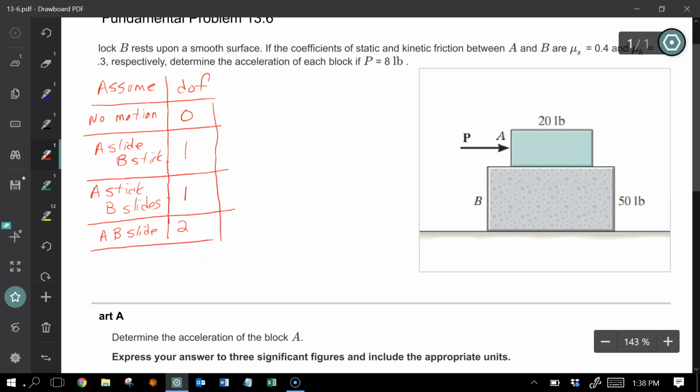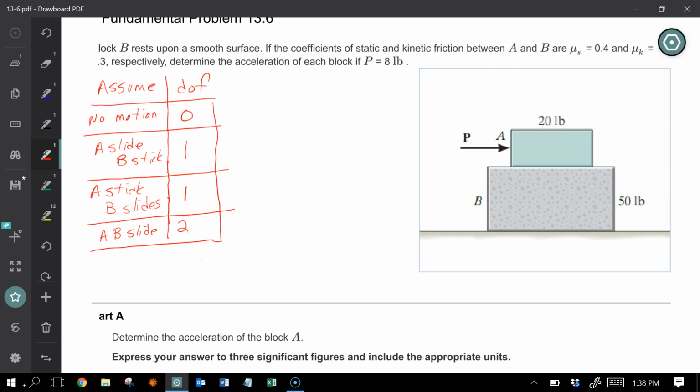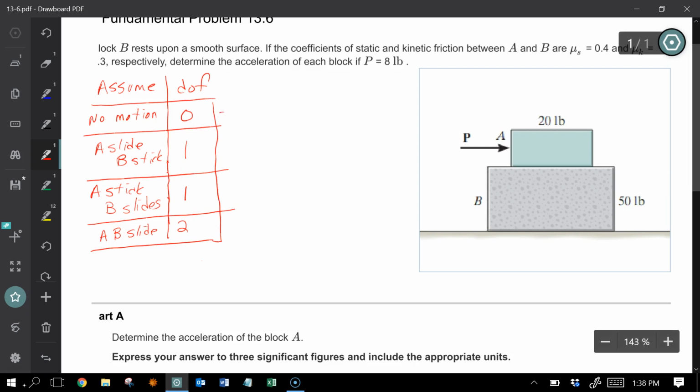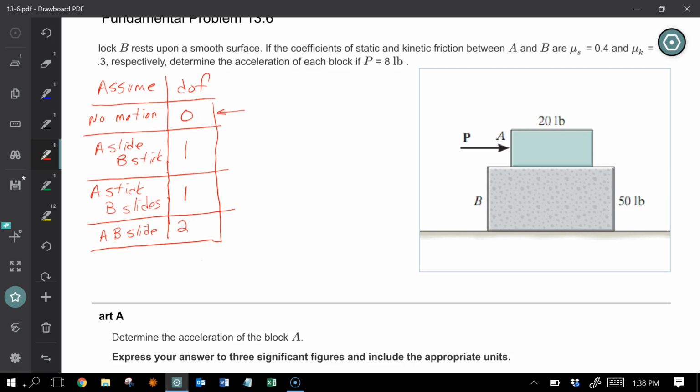Okay. Now you don't really know which one is happening, and so therefore what you want to do is you've got to pick one. You should always choose the minimum degree of freedom to start with. The reason for that is that if it has smaller degree of freedom, there's going to be fewer unknown accelerations, and acceleration is the hard part in dynamics.